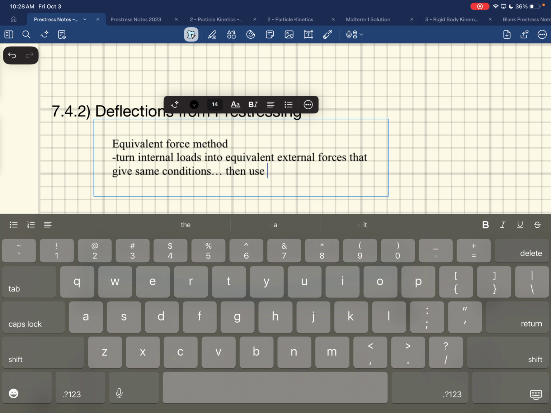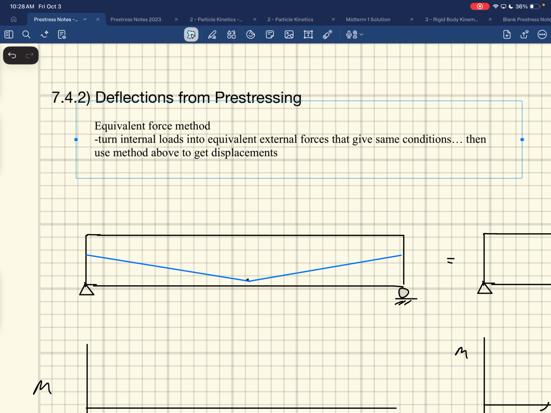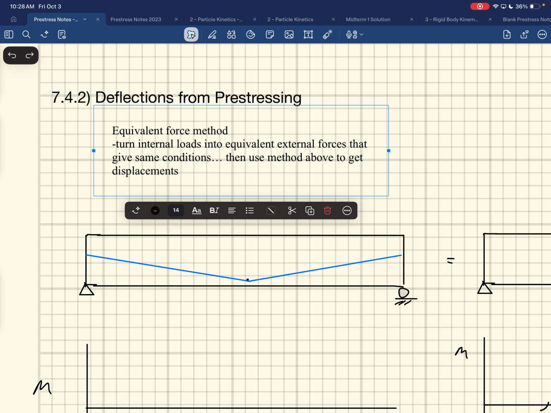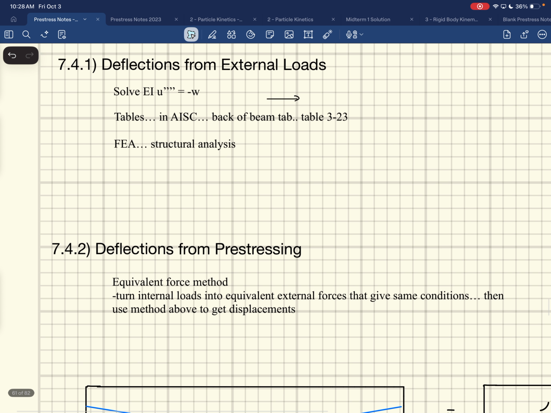Then use the method above to get displacements. Once we know the equivalent loads, then it just defaults to using one of the methods up above. Okay, and so we got an example of that.